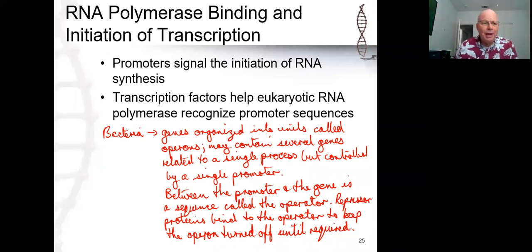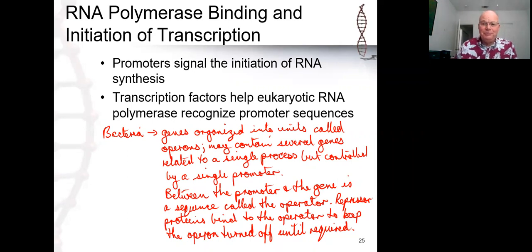And so the RNA polymerases in bacteria can bind to promoters without any assistance. But if the operator is blocked by the repressor protein, it doesn't matter that the RNA polymerase may bind to the promoter. It cannot move past the operator because of the presence of the repressor protein, and therefore the gene is turned off.